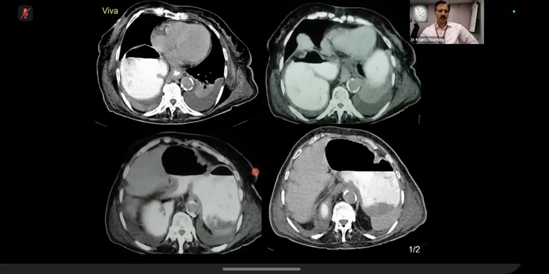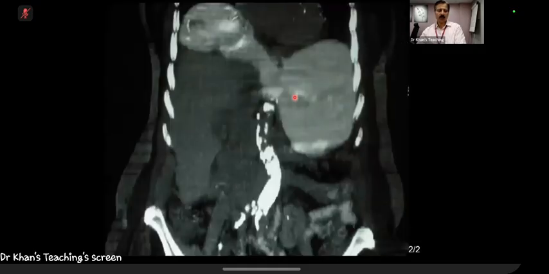The only thing is that if you have not seen a particular entity on a particular modality, you at times find it very difficult to piece it together. So this is an axial of a volvulus, and this is the coronal. So just wanted to warn you that on a CT scan, the same thing becomes a bit difficult.